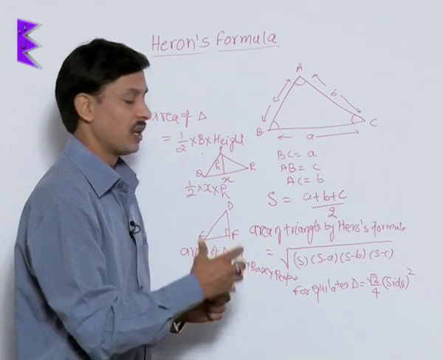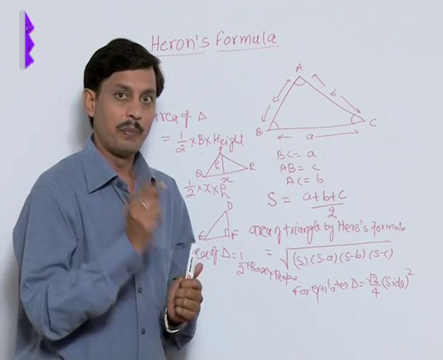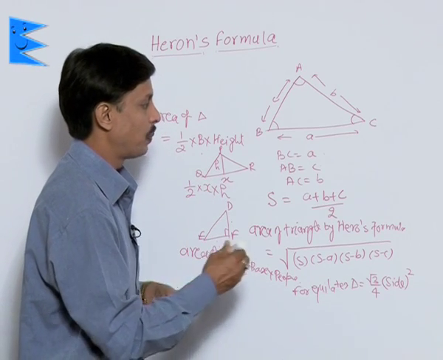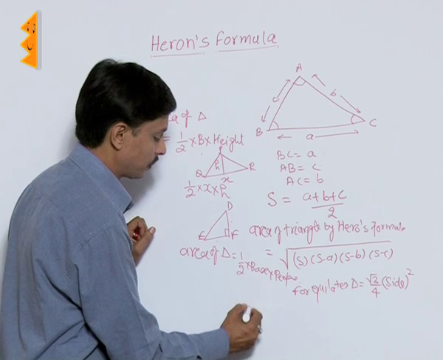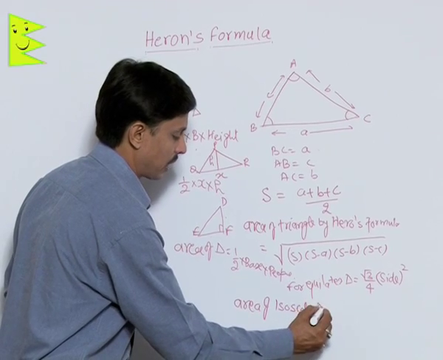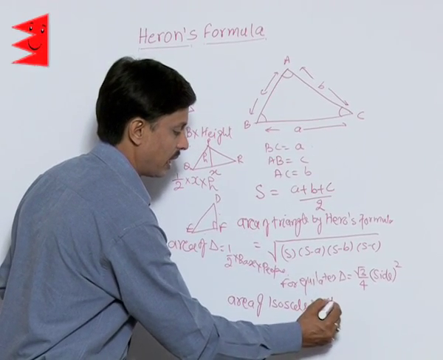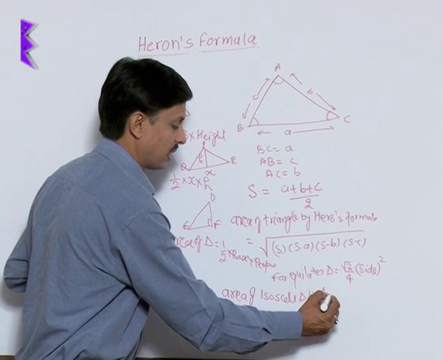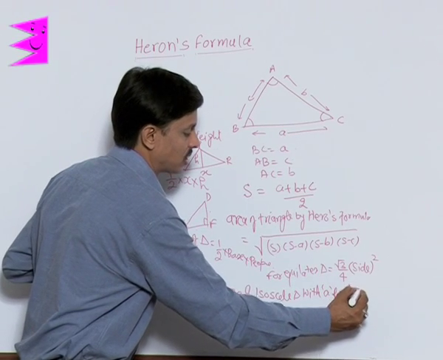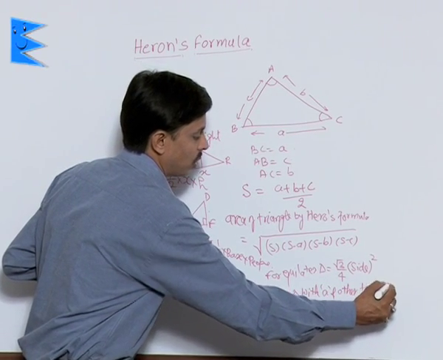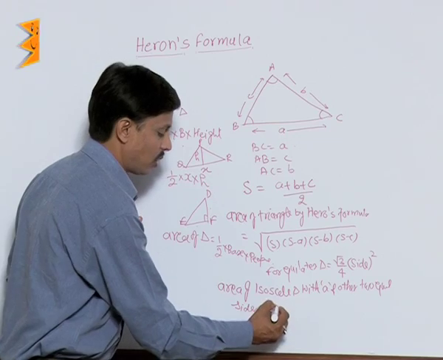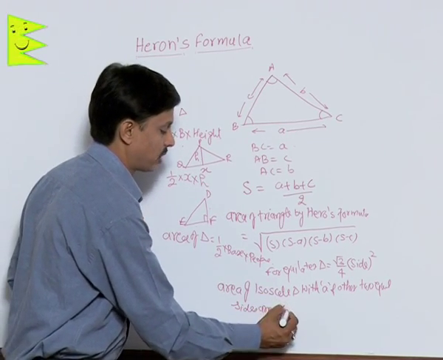Now one more condition: if the triangle is isosceles with base a and equal sides x and x. Area of an isosceles triangle with base a units and the other two equal sides each of length x units.